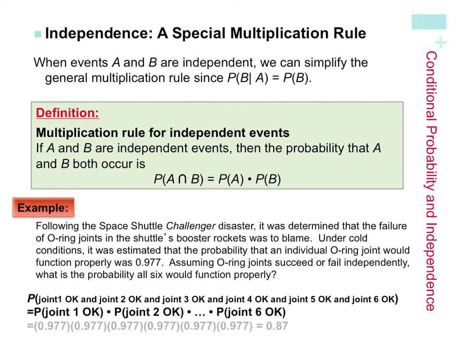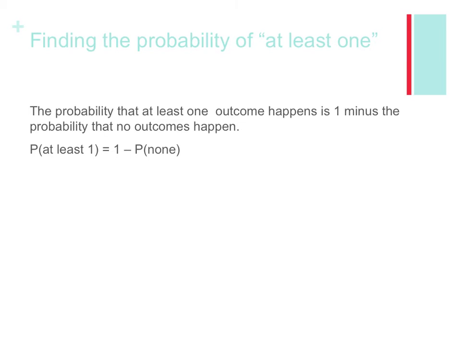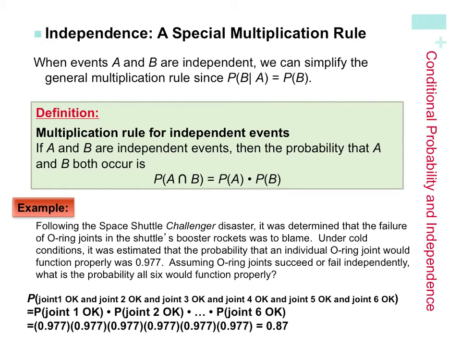In other words, 0.977 times 0.977 6 times, or 0.977 to the 6th power, which is 0.86. So there is an 87% chance that the shuttle would launch safely under similar conditions, and about a 13% chance that it didn't.